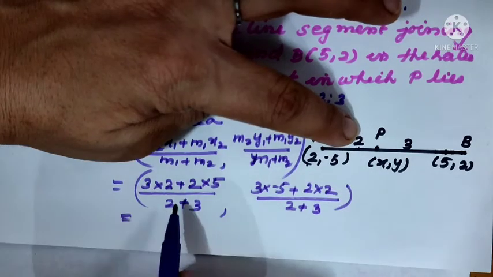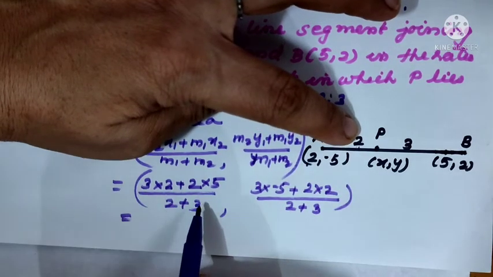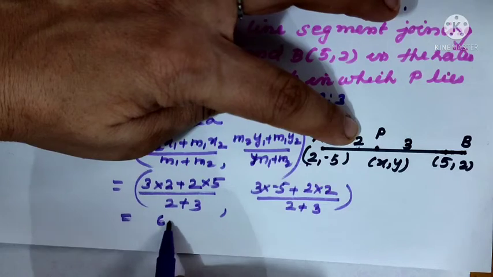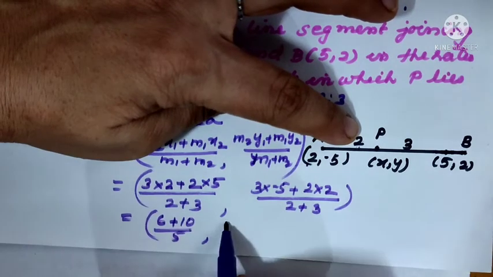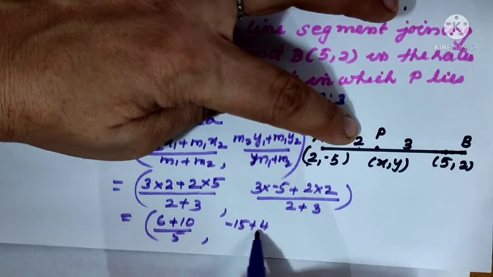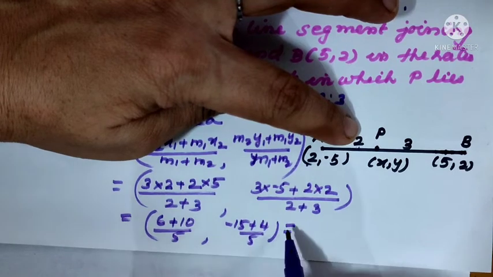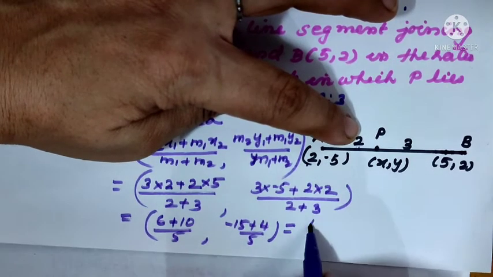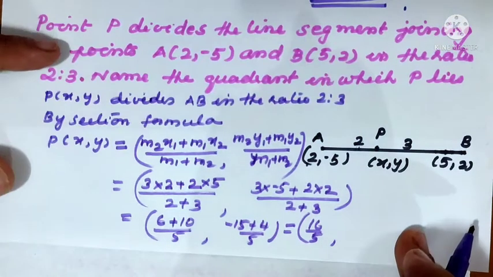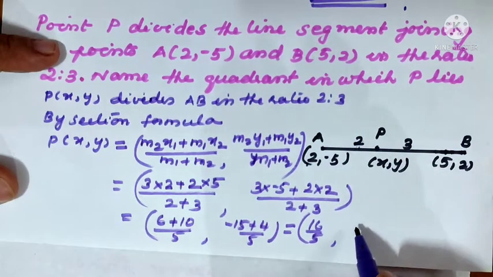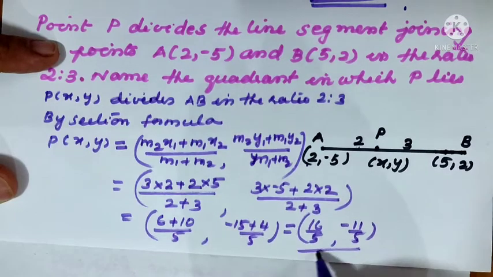So it is equal to 6 plus 10 divided by 5, comma, minus 15 plus 4 divided by 5, equal to 16 by 5, comma, minus 15 plus 4 means minus 11 by 5.